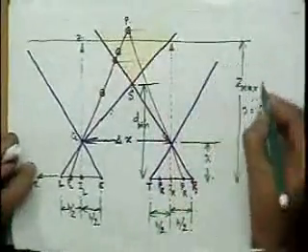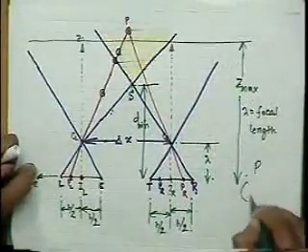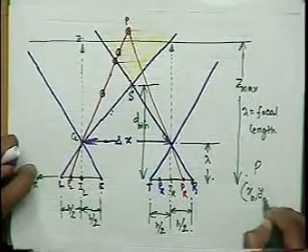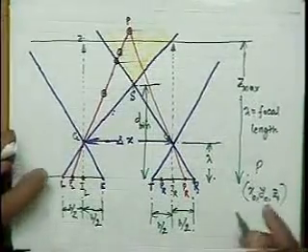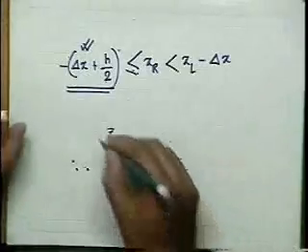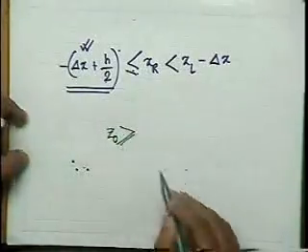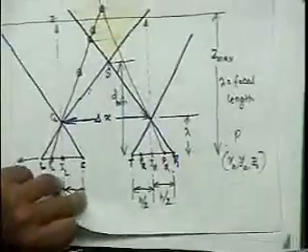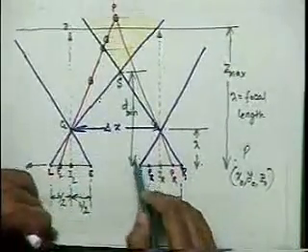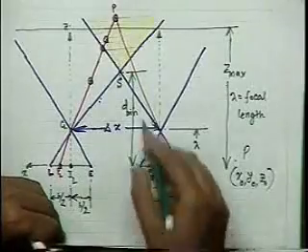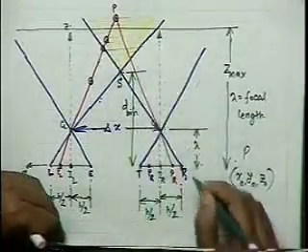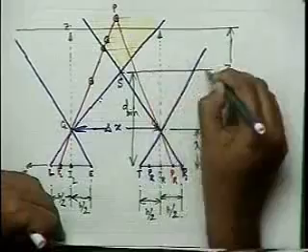I have assumed that the point P has coordinates x0, y0, z0. So z0 is the unknown depth. Obviously z0 is going to be greater than or equal to d min, the minimum depth, and we also assume this distance.